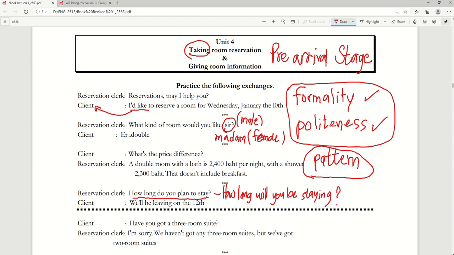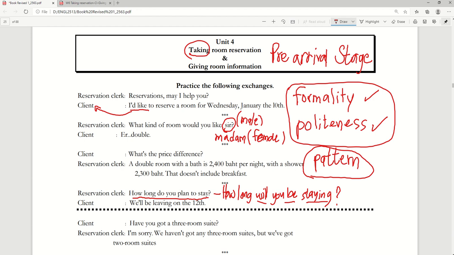Using what kind of structure? Which tense is will be staying? Future continuous.